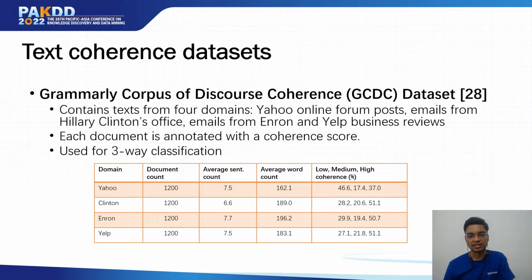The dataset consists of text from four domains: Yahoo online forum posts, emails from Hillary Clinton's office, emails from Enron, and Yelp business reviews. Each document is annotated with coherence labels: high, medium, and low. Following are the statistics for the GCDC dataset. Another thing to note here is that the average word count in the GCDC dataset is quite low when compared to the WSJ dataset.